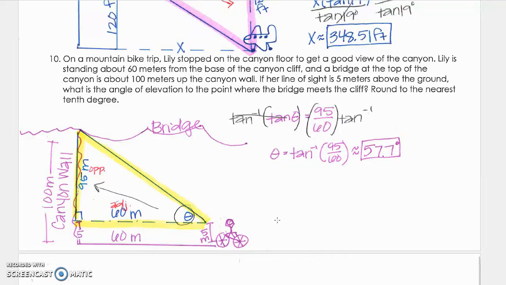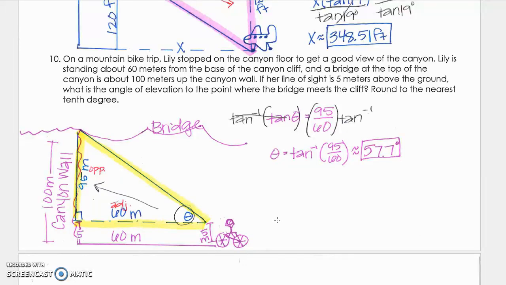The canyon wall is 100 meters above the ground, but you have to take Lily's height into consideration. So that triangle actually only has a height of 95 meters after we subtract Lily's height from it, and you do end up using tangent on that one again.